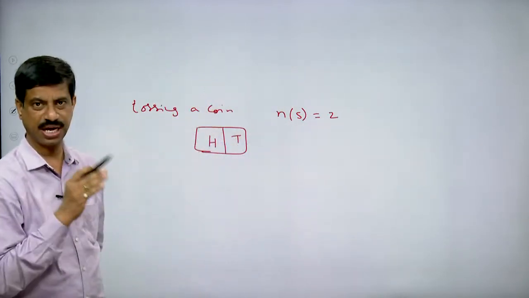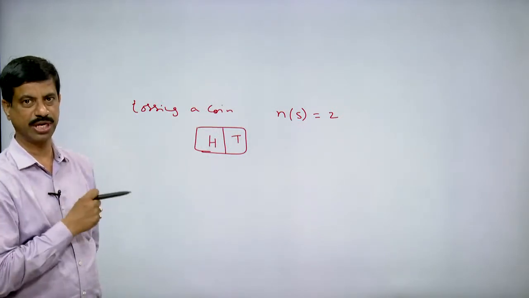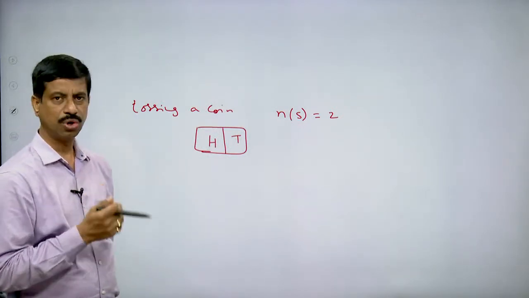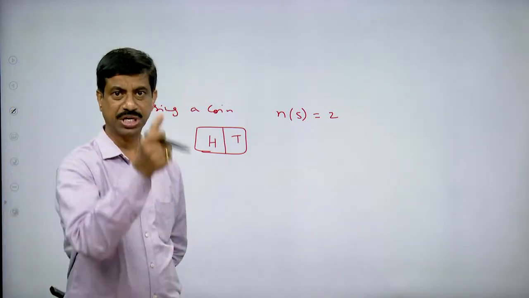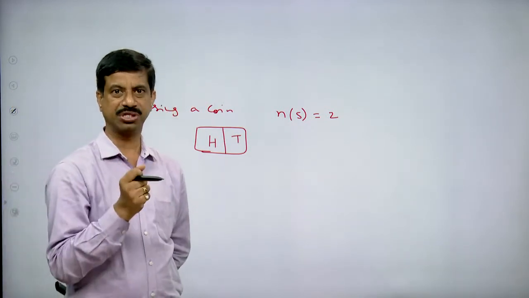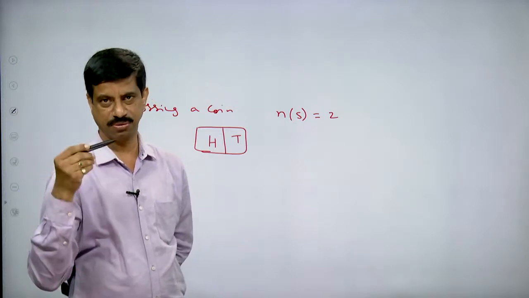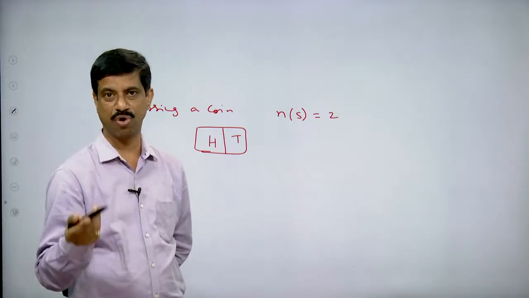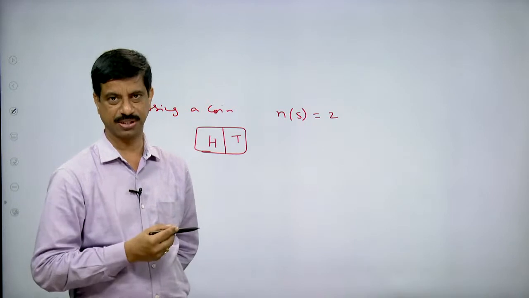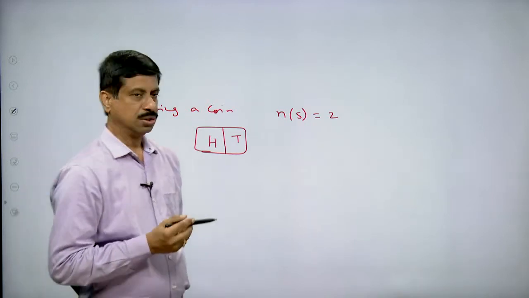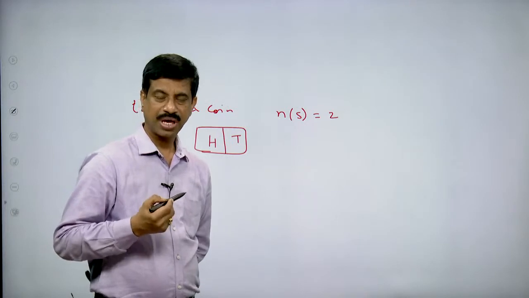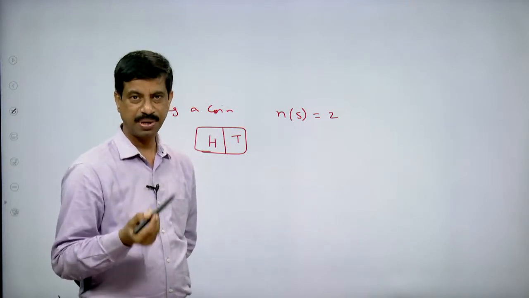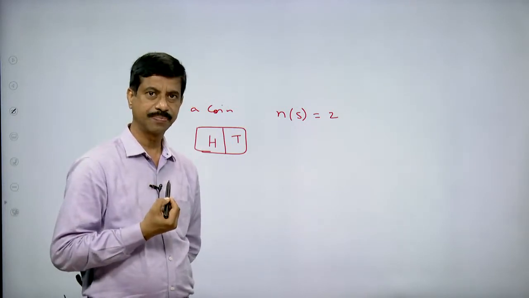Just observe and listen, then we'll work the problems, okay? So let us say you are playing a cricket match. They toss, and whoever wins the toss gets the chance to decide whether they want batting or bowling. Suppose I am a player and I want to bat first, I need to win the toss.